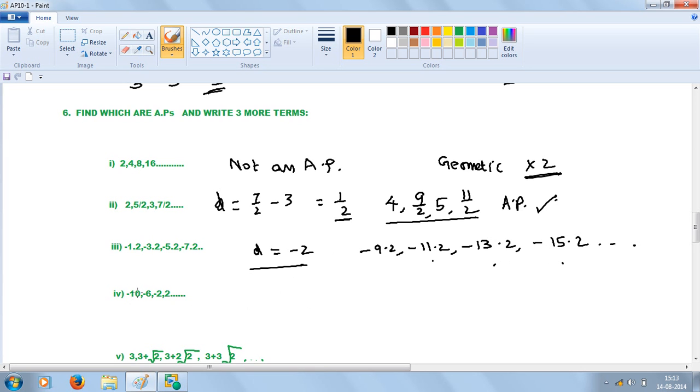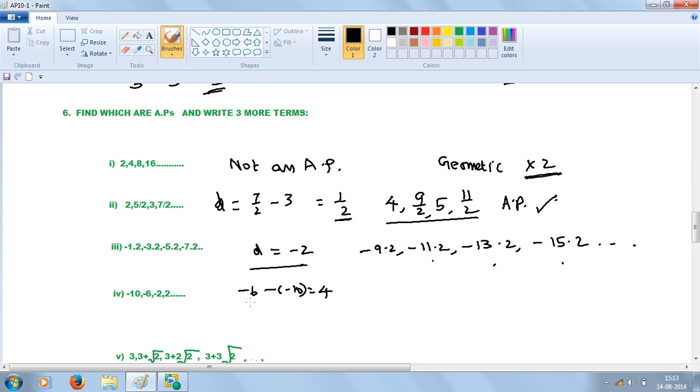So next case we'll see. This is minus 10, minus 6, minus 2. So we have to check all the terms. Minus 6 minus of minus 10 is 4. Minus 6 plus 4 is minus 2. Minus 2 plus 4 is plus 2.